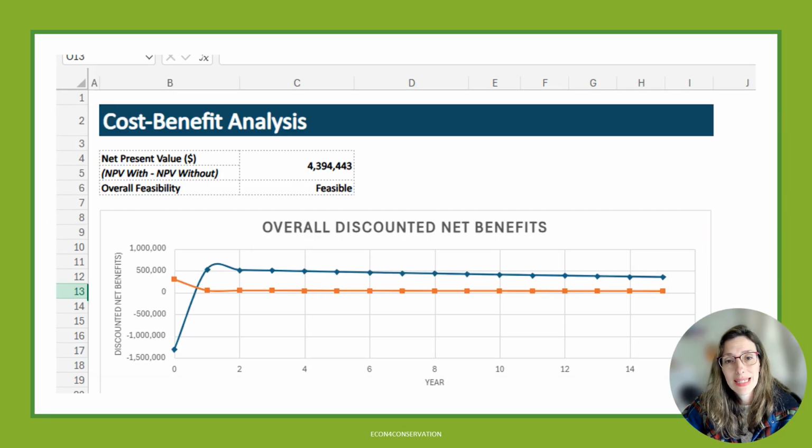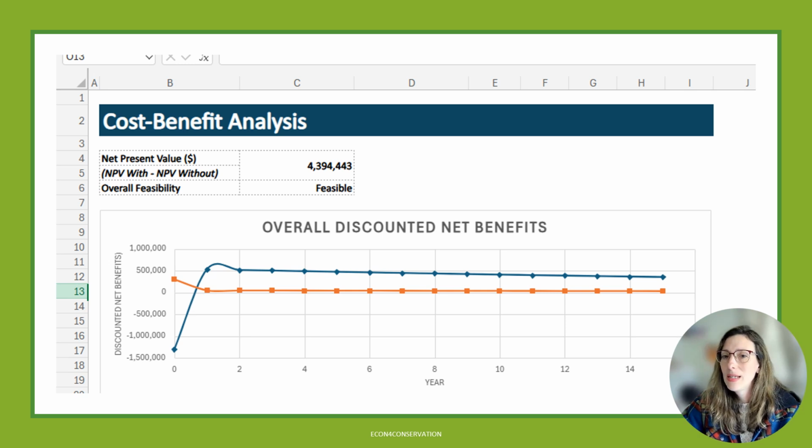In the summary tab, I highlight what I consider to be the main results. The first and perhaps most important result is the $4.4 million value displayed at the top. This value represents the difference between the net present value in the with-the-project scenario and the without-the-project scenario.